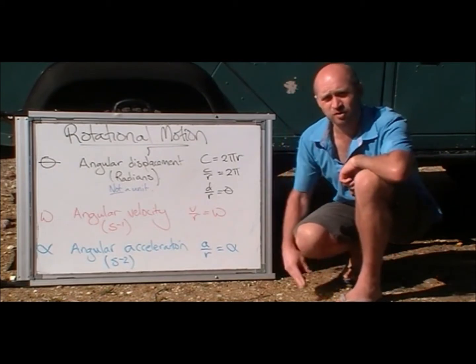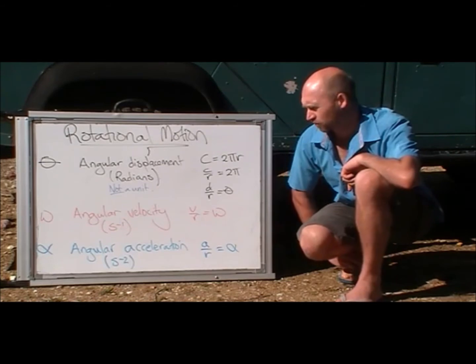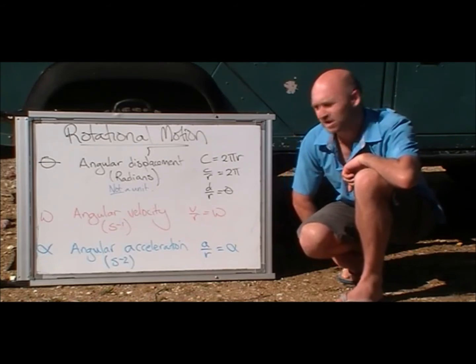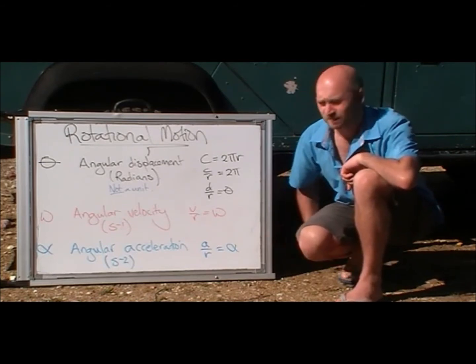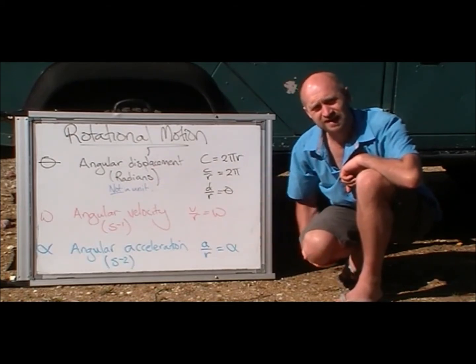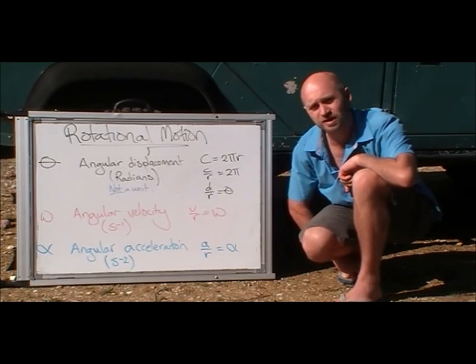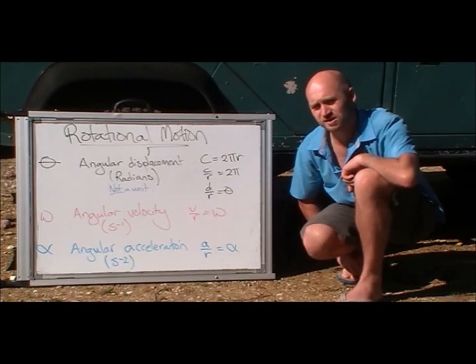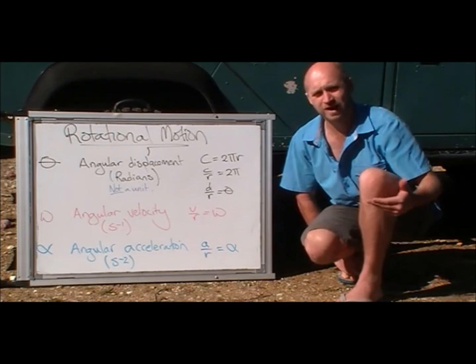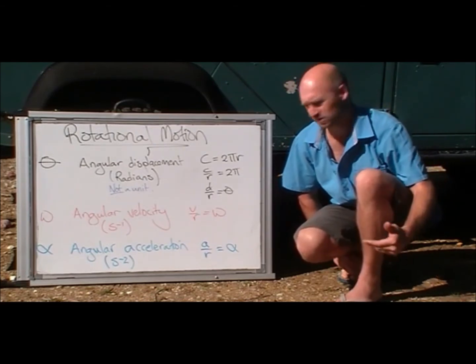Then, moving on to how fast something's rotating, the rate of rotation, we're going to call it the angular velocity. Symbol, that funny curly looking thing over there, is a lowercase omega, and the unit for angular velocity is per second. We're talking radians per second, but radian's not a unit, so we just write per second.